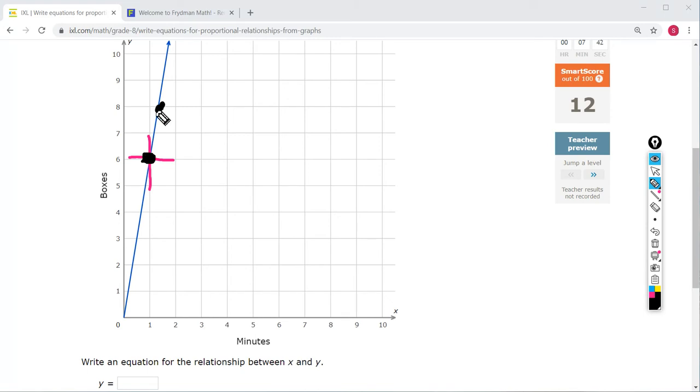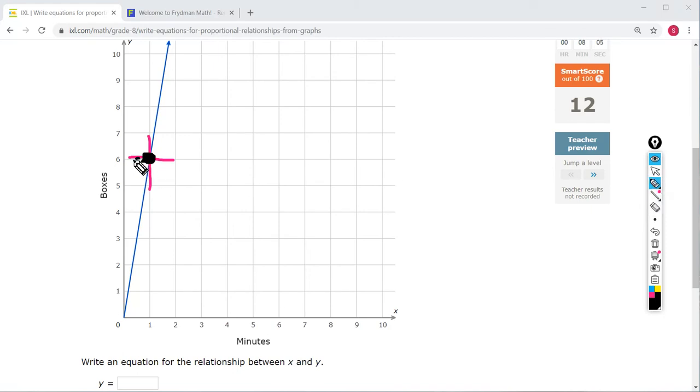So this would not be a very good point for me to pick. Like this is a plus sign over here. This is a plus sign over here, also right next to it. So this point is not on either of these plus signs. So this point is not a good point for me to pick. But this point is on a plus sign, so that's a good point for us.